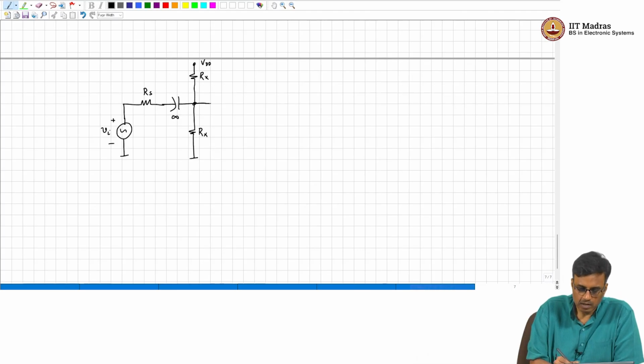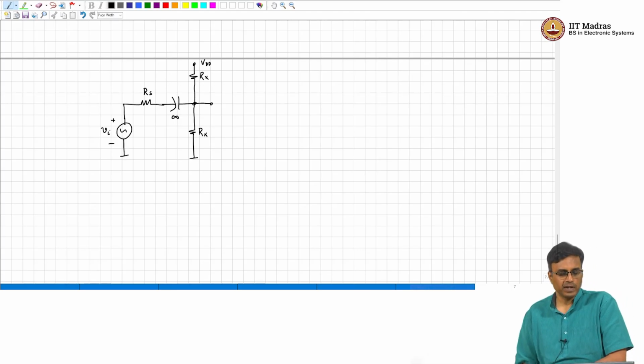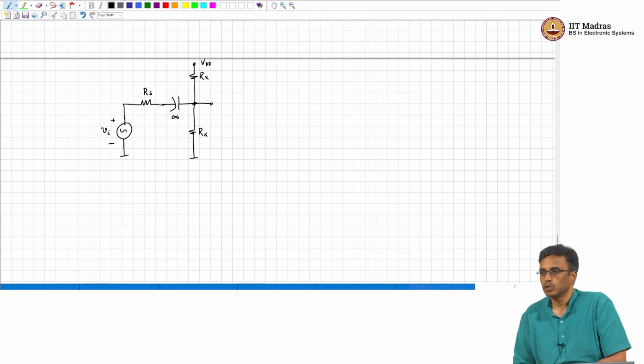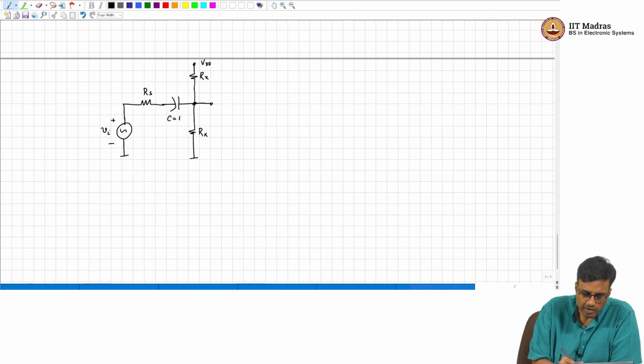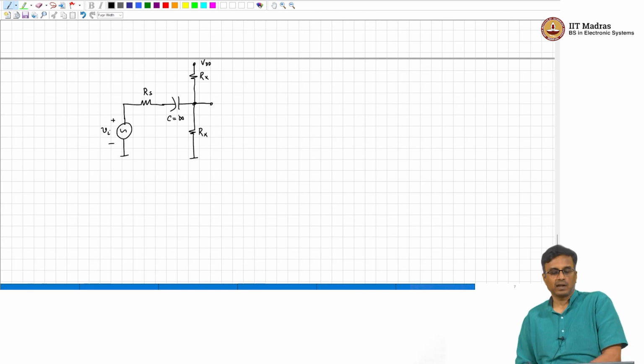So, what is this voltage? How many sources are there? 2 sources. Let's call this C equal to infinity, and then we can replace C with infinity later. So, this is a linear network with 2 inputs.